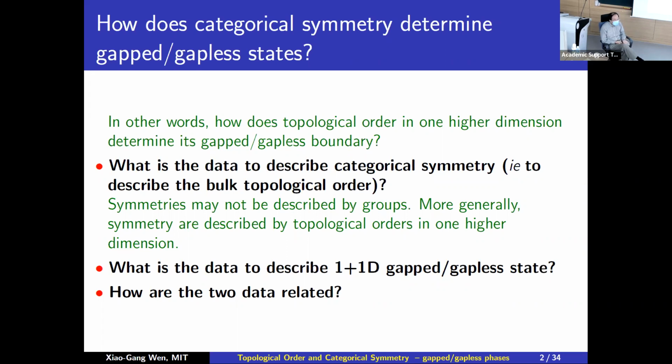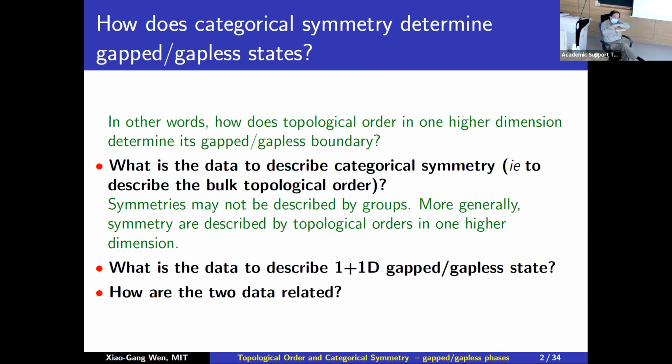By the way, maybe in all these cases, what you have in mind is that at the boundary there is no symmetry, while in the bulk you do have some emergent symmetry. Yeah, in some flavor. At the beginning, we do have a boundary with symmetry. Then this categorical symmetry is a way to deal with the boundary symmetry in a way that does not have symmetry.